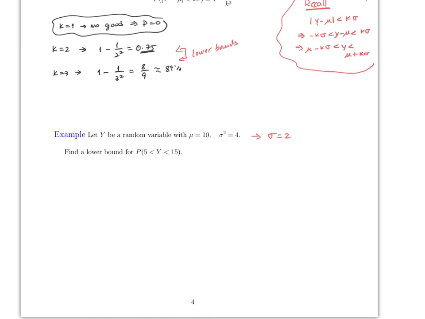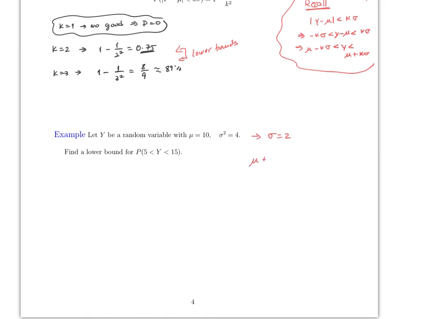And for that, you need to figure out the value for k. Now, notice from here that the distance between mu and this and mu and this are the same, and they have to be. If that's the case, then you can figure out easily what's the value for k.